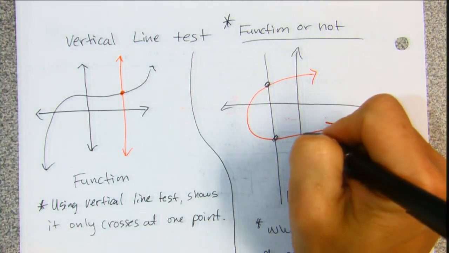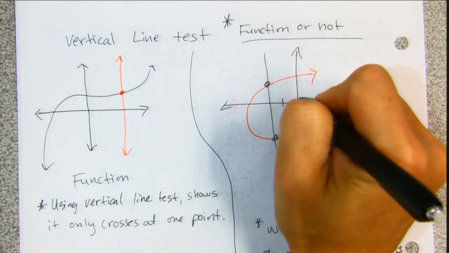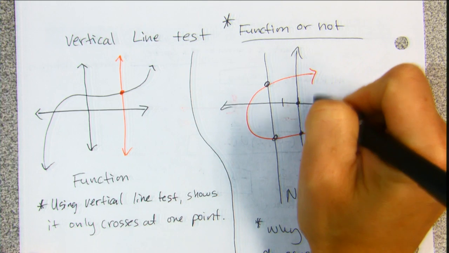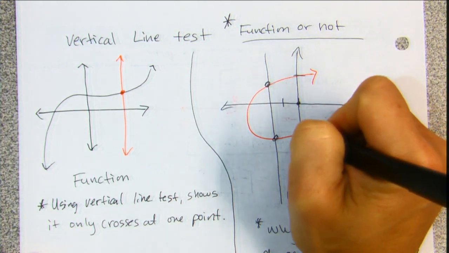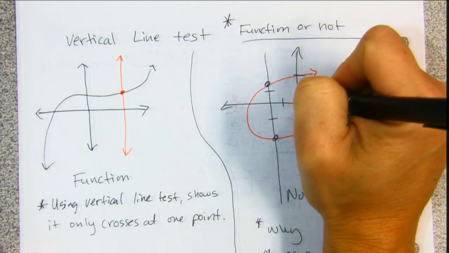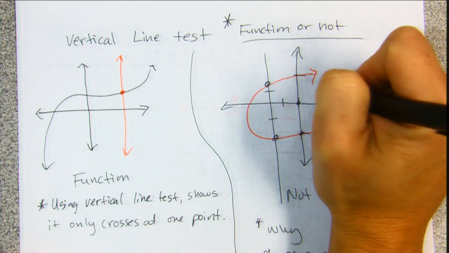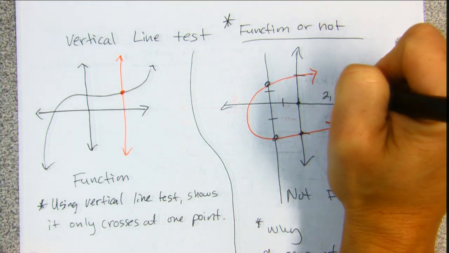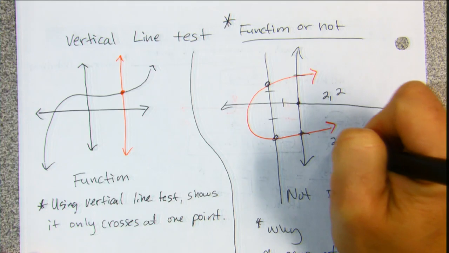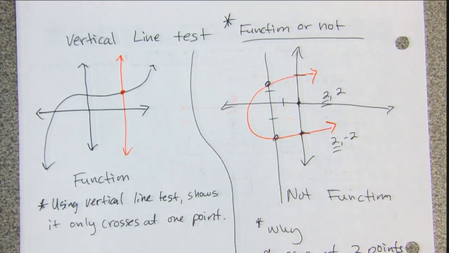If it's crossing here and here, maybe both of them have x is 2, but maybe this is a positive 2 and maybe this is negative 2. So that means they have two different y's for the same x, and that's what makes it not a function.